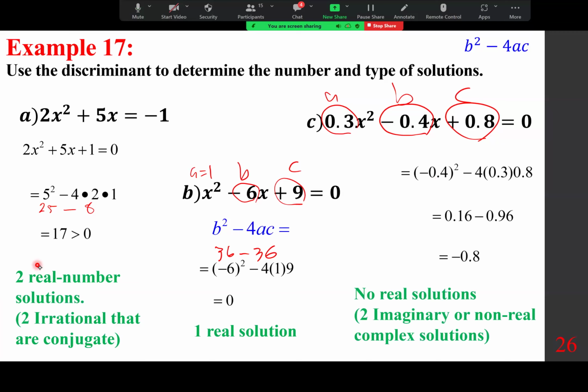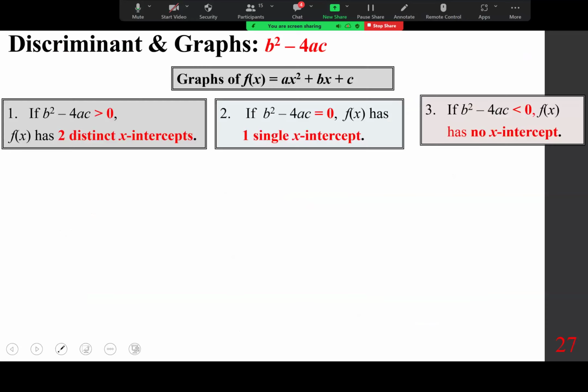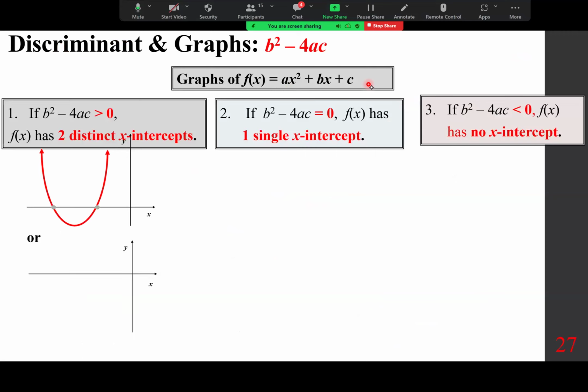So in short, evaluate the b squared minus 4ac to see how many solutions and what type of solutions you have. It does have an effect on graphing. When you graph the function ax squared plus bx plus c, it's a parabola. When b squared minus 4ac is positive, we have two distinct roots or x-intercepts. Notice whether it opens up or not, we have two of them.